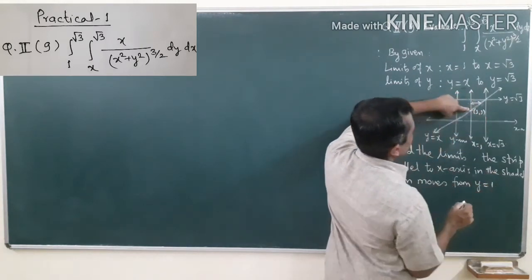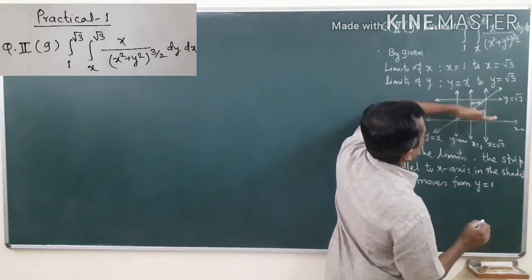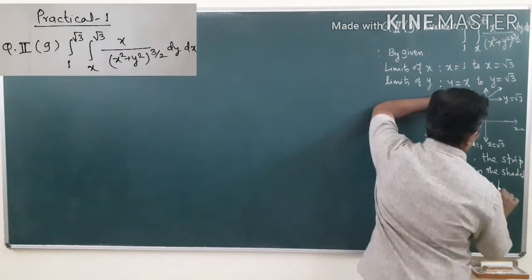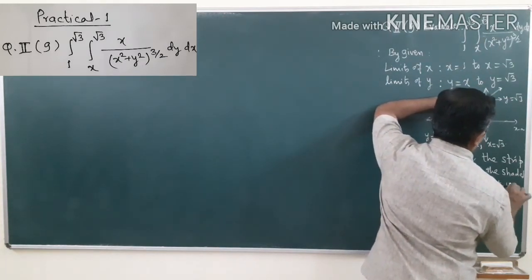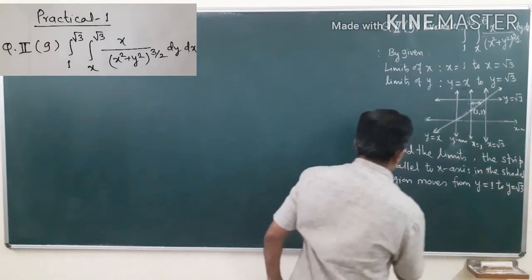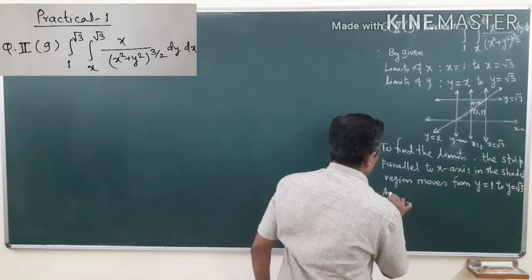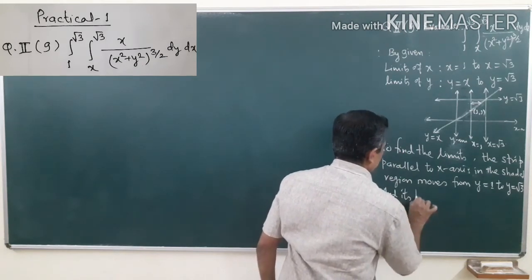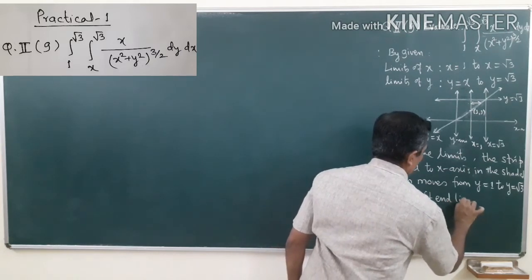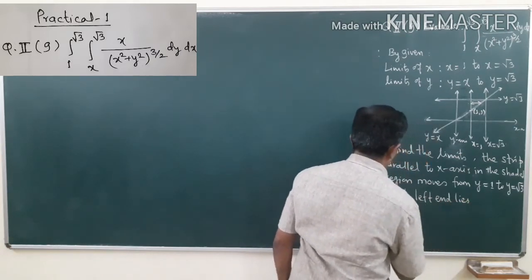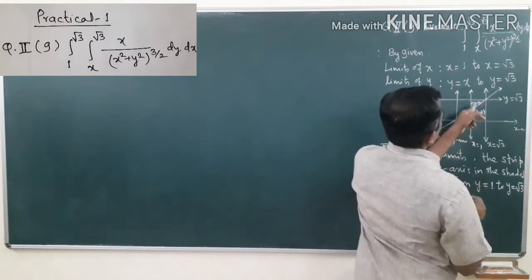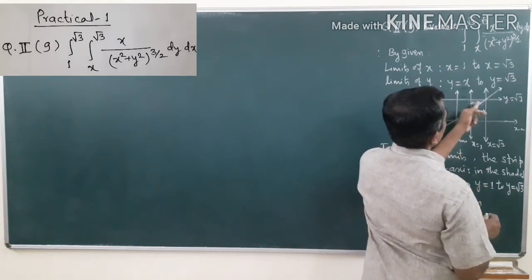At this point y is 1, because we are moving this in the direction of y to cover the region. It moves from y is equal to 1 to y is equal to root 3, and its left end lies on, where is the left end of this strip?